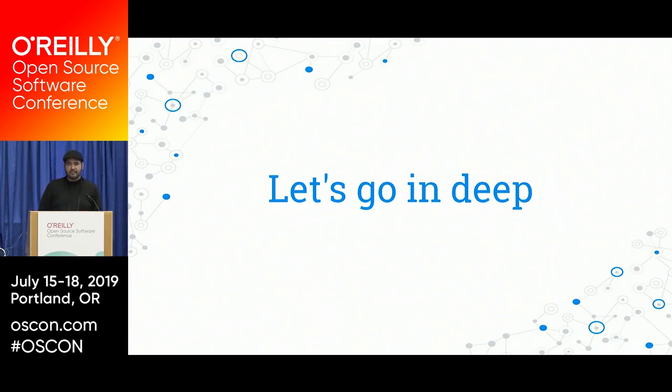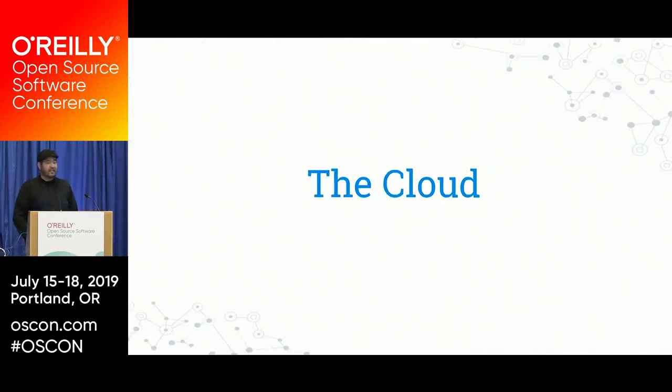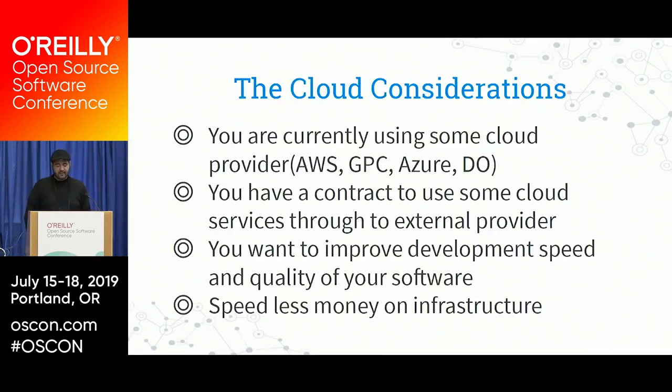So let's go in depth. The cloud, the first piece: you have to choose the right cloud for your solution. It depends on your needs. For example, some considerations that you have to make are whether you are currently using some cloud provider like Amazon, Google, Azure, DigitalOcean, and whether your corporation has a contract to use some kind of service with a cloud, like a third-party provider.